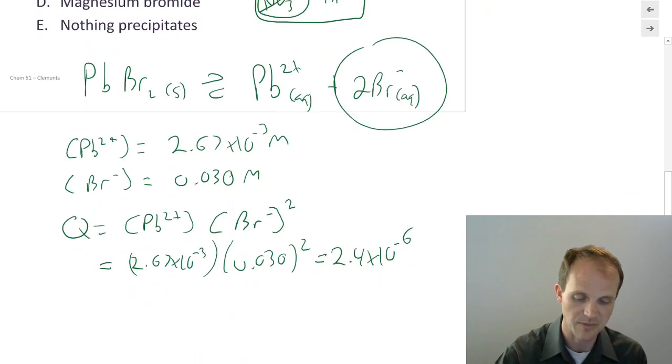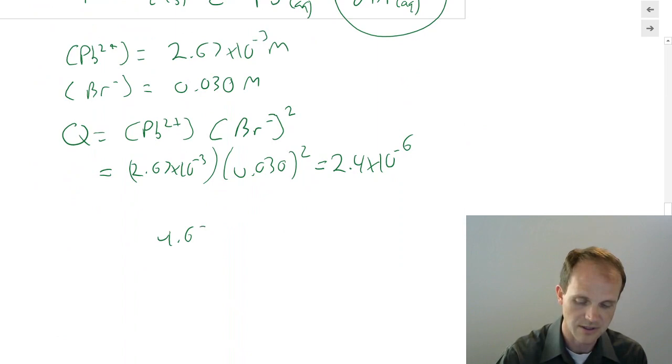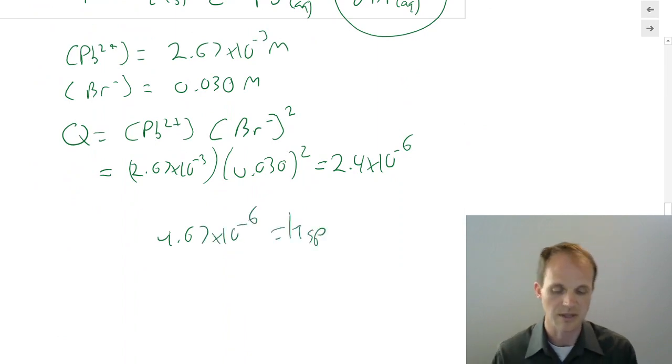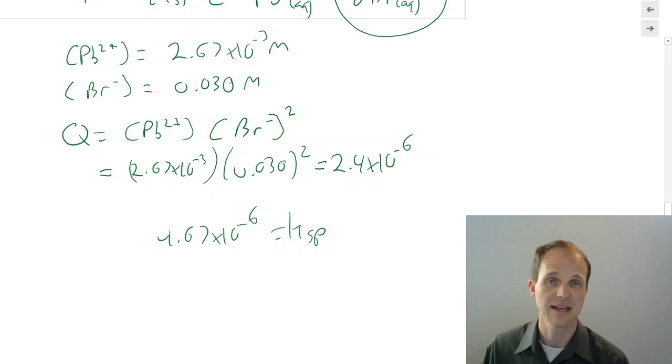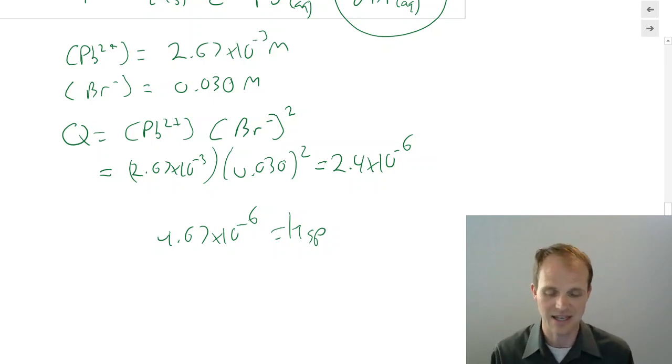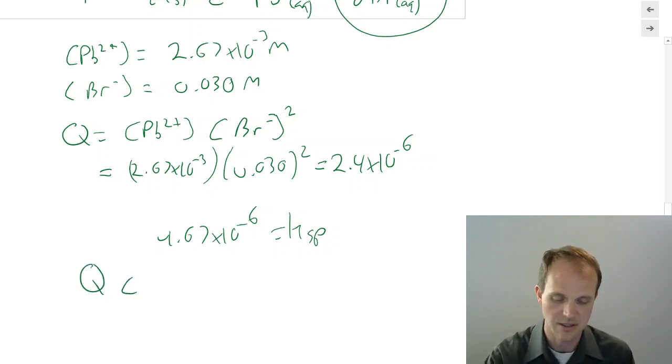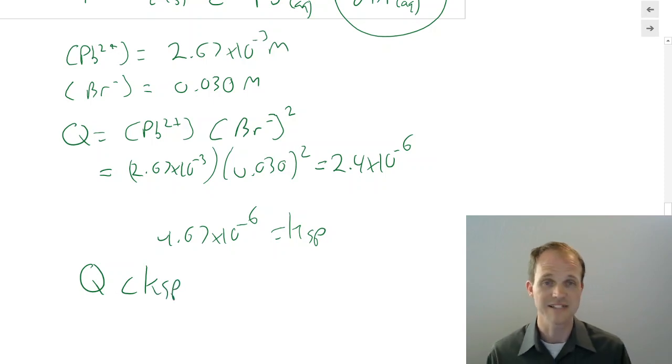We look back up, we're comparing to 4.67 times 10 to the minus 6 equals Ksp. We are less than Ksp. Q is less than Ksp, which means nothing happens.